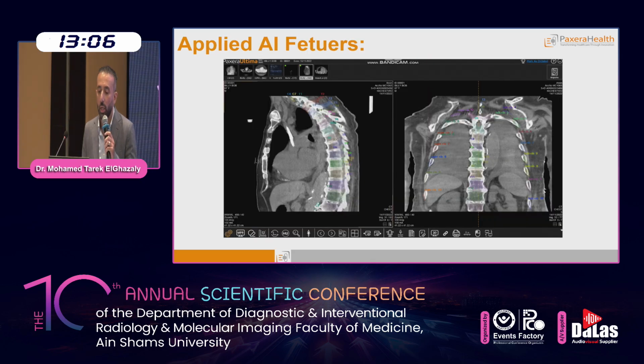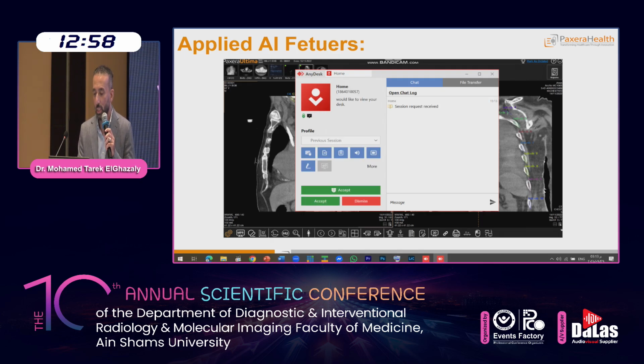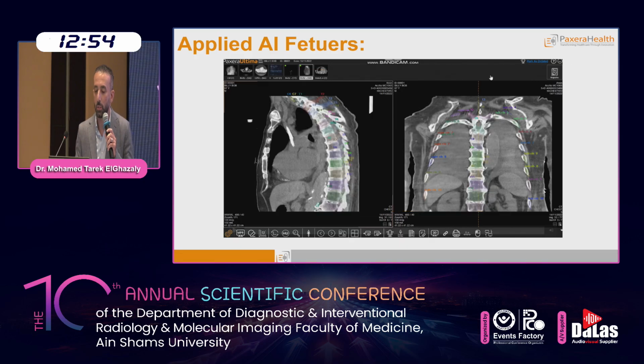First of all, if I have axial, coronal and sagittal planes, for example in CT. Before, I was putting a marker; now I will put a counting way to find the vertebra and the spine labeling, the rib detection.